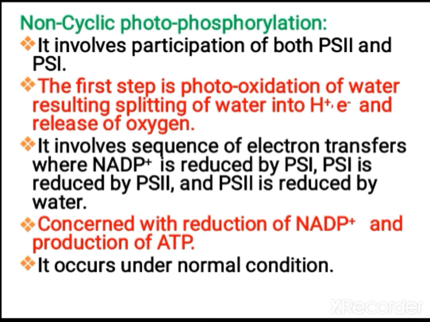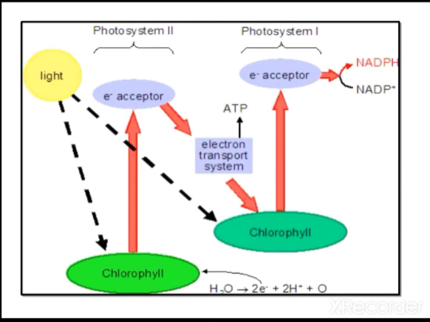Side by side, children, you differentiate and study, because this diagram and the differentiation are repeatedly asked in board exams. Here the light excites the chlorophyll of photosystem 2, and it splits up water, and later the electron is passed through a series of electron transport system and photosystem 1, and later you see the reduction of NADP to NADPH occurs.